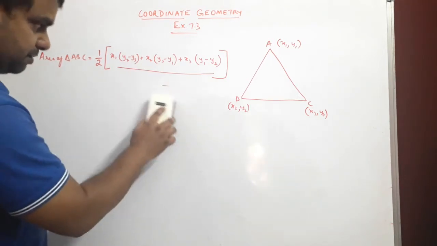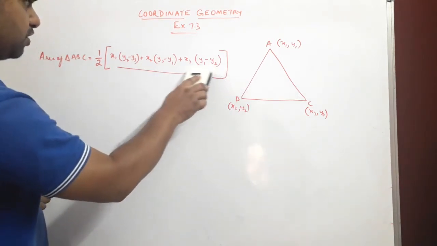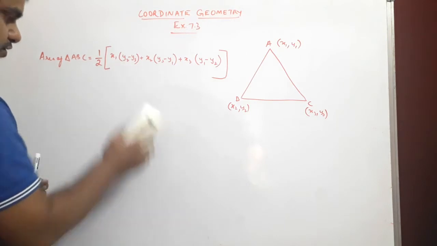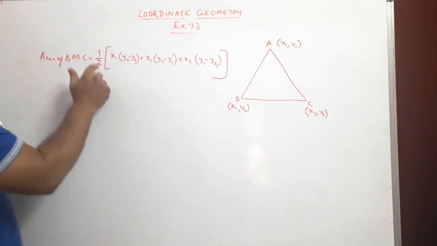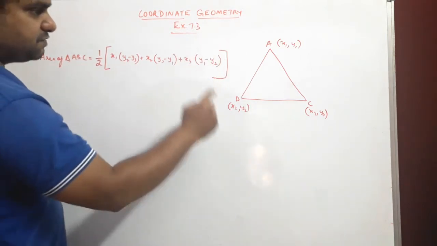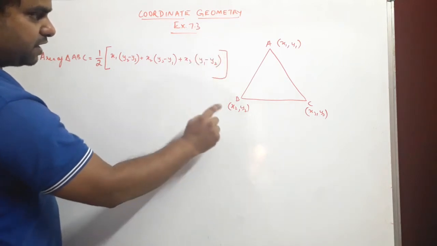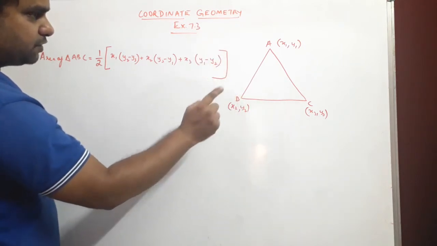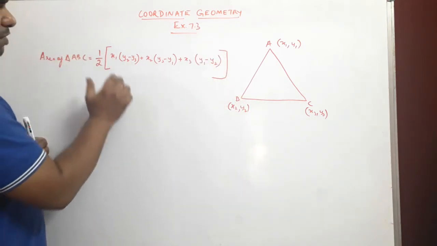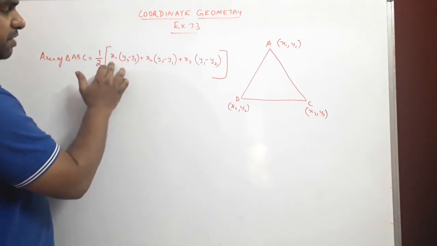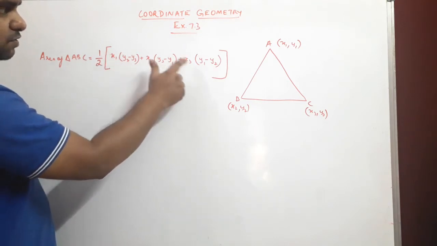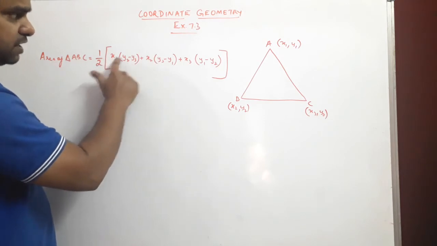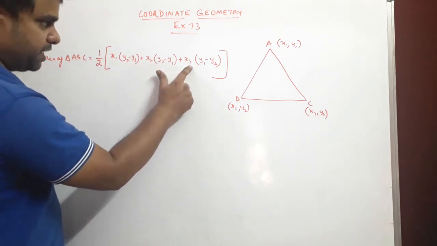Okay. And how do you remember this formula of area of triangle in coordinate geometry? See, it's half. We have x, y, x1, x2, x3, y1, y2, y3. Okay. Just remember, x1 will always come outside the bracket. All the x coordinates will come outside the bracket. So we have x1 followed by x2 followed by x3.